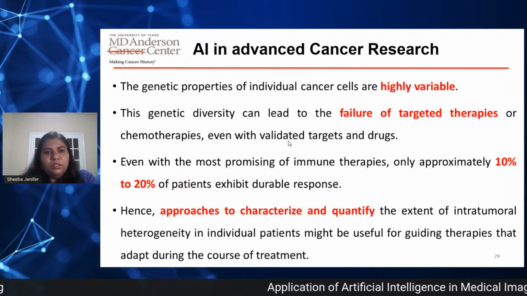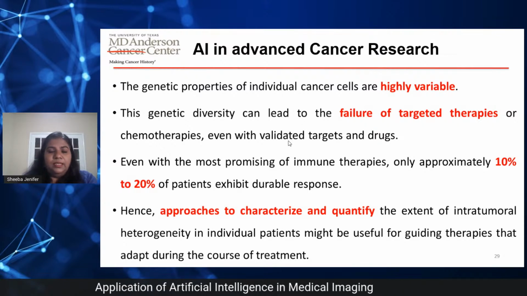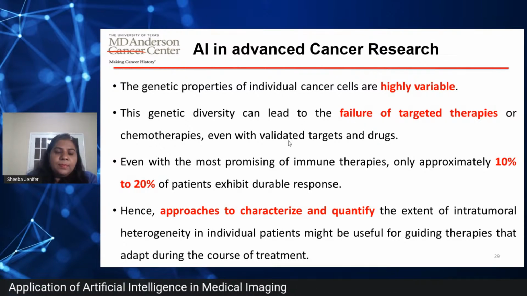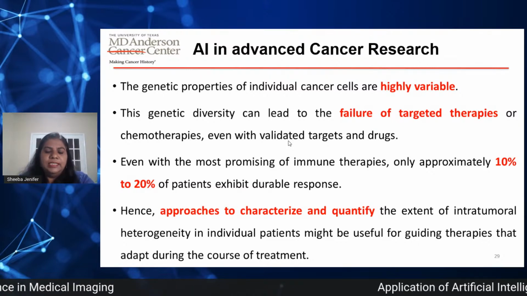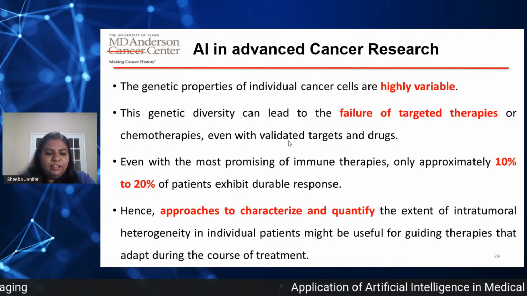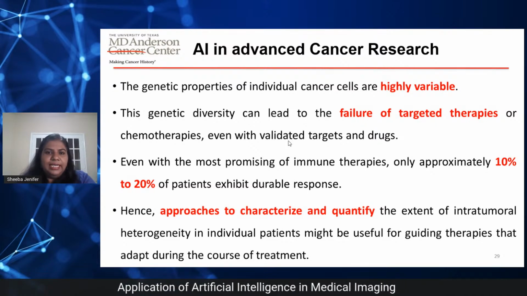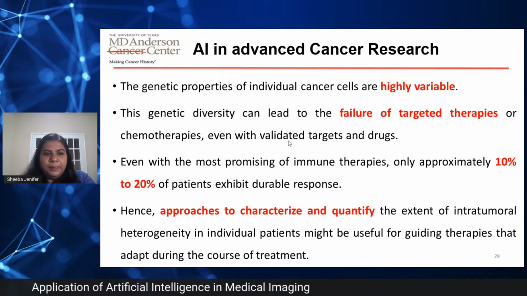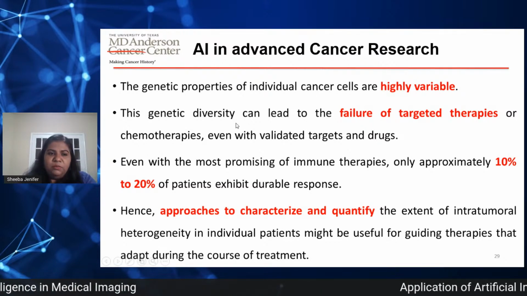I'll quickly move on to how AI is applied in real cancer research. Cancer is quite unique and different from other kinds of image processing because the genetic properties of the cancer cells are highly variable, and they differ from patient to patient.